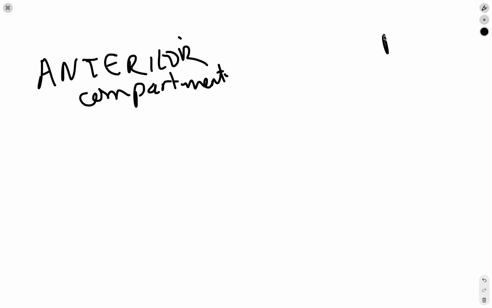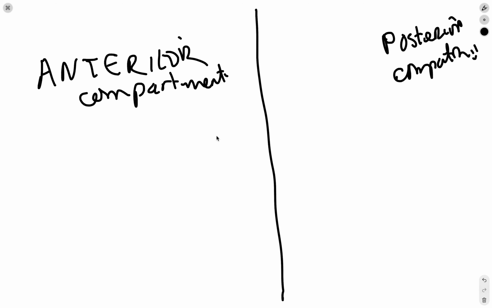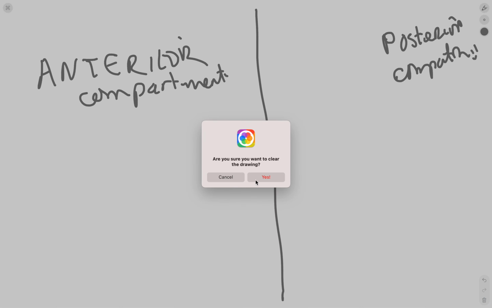And then on the right piece of paper, you can put a label across the top that says posterior compartment, because that's what we're going to represent. Like that. And then, I'll just erase this so I can make it a little bigger, just to give you a little outline vision of what the drawing's going to look like.